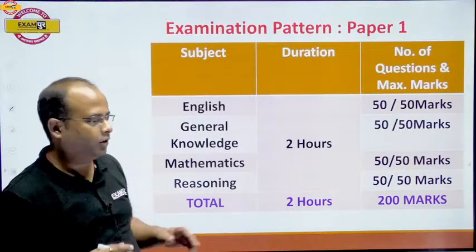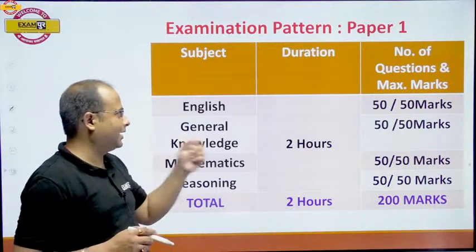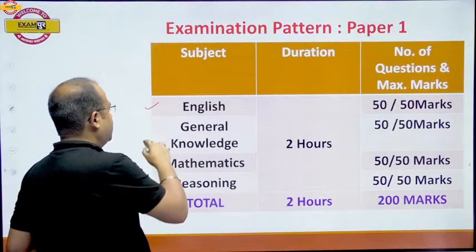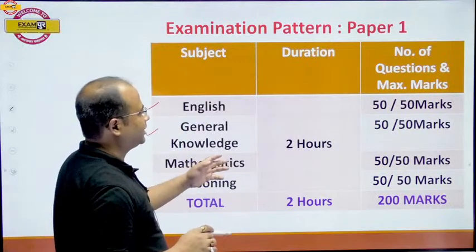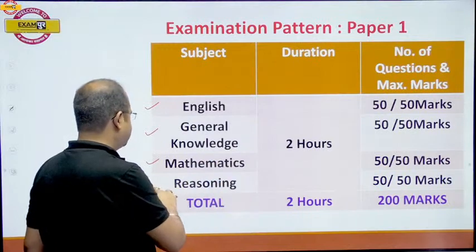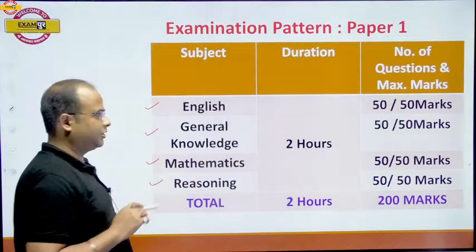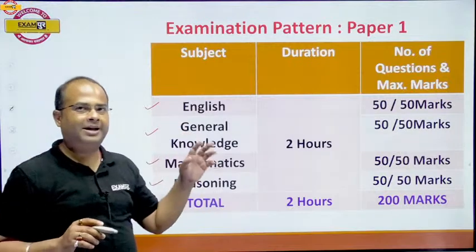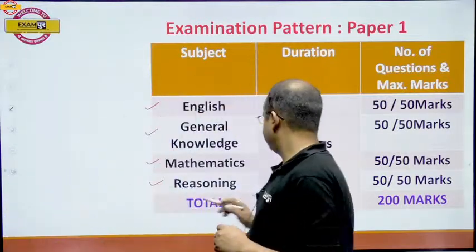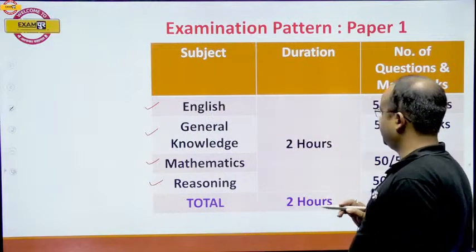Now let's see the marking pattern. English is 50 marks, 50 questions; general awareness 50 marks, 50 questions; mathematics 50 marks, 50 questions; and reasoning 50 marks, 50 questions. The total time dedicated for your examination will be 2 hours and the total questions will be 200.